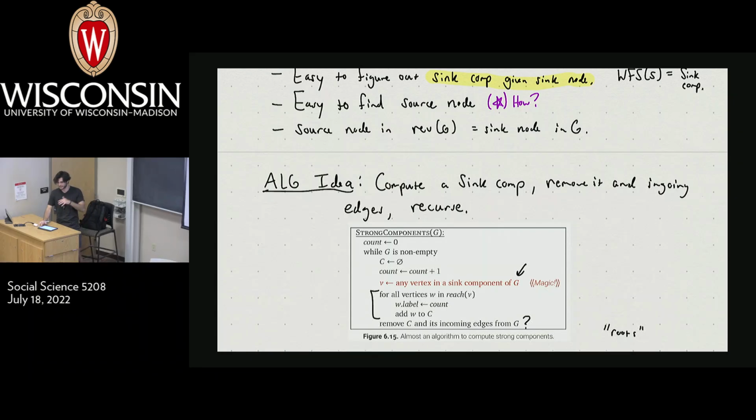You could think of these as assigning a different color to each component, all the same thing. Then we remove the component and its incoming edges. So this is almost an algorithm. It's not an algorithm because we don't know how to do the step in bold red. How do you actually find that vertex? I don't know. But if you could do it, then this is just a simple recursive algorithm to create this graph.